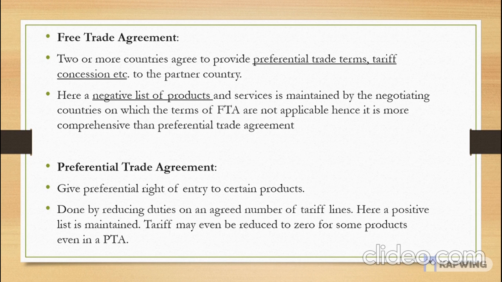For example, I recall there was an agreement between India and the UK in which we signed a preferential trade agreement, through which we were able to gain more market access for our pharmaceuticals and agricultural products. The same happened with the UK, for whatever commodities they wanted greater market access to in India. That's how a preferential trade agreement works.